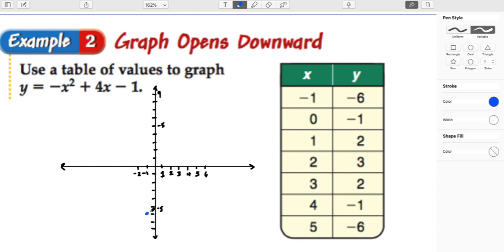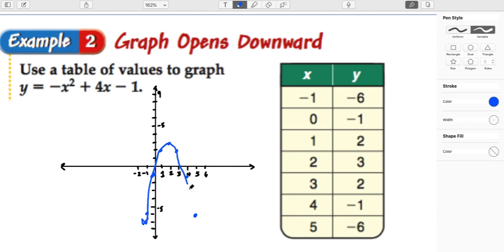So here's -1, -6, here's 0, -1, here's 1, 2 up here, and here's 2, 3 all the way up here, and then we got our turning point, 3, 2, 4, -1, and then 5, -6. So we're back down here again. And so there's our parabola.